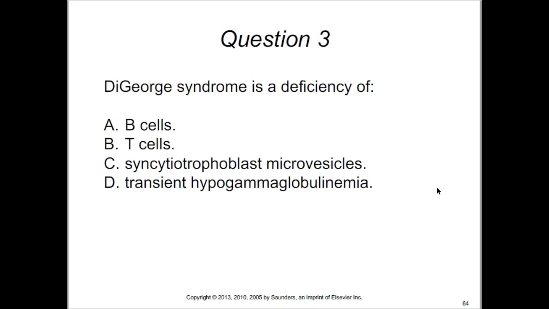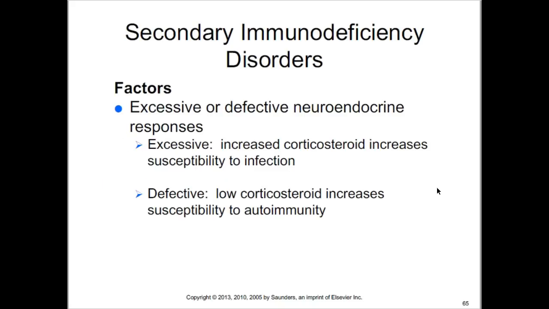So DiGeorge syndrome is a deficiency of T cells, right? All right. So secondary immunodeficiency, right? Basically you have either an excessive or defective neuroendocrine response. So excessive, right?